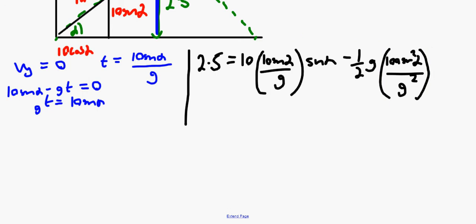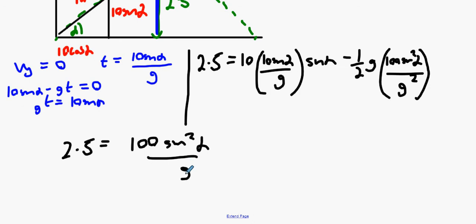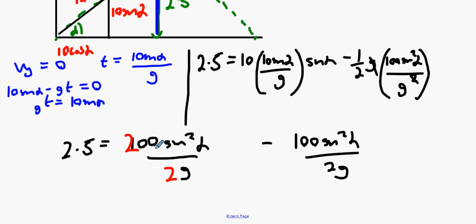We get 2.5 equals 100 sin squared alpha over g. The g here cancels with the g there, so we're going to get minus 100 sin squared alpha over 2g. We're going to do the smart move here: change that to 200 over 2g.